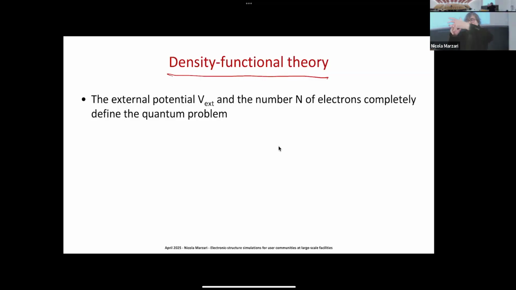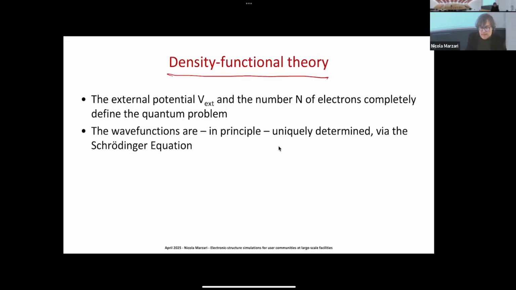Those 10 electrons will find their ground state by minimizing the energy functional, or getting to the lowest energy eigenstate of the Schrödinger equation. I don't know what this solution is, but I know that if I tell you where these 3 nuclei are, and I tell you that I have 10 electrons, the problem is completely defined.